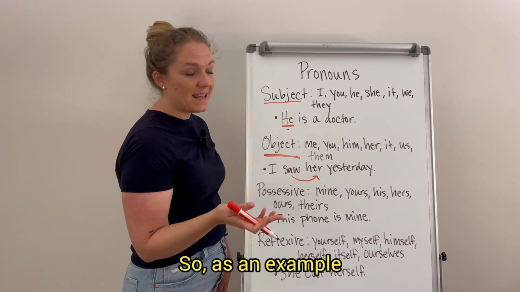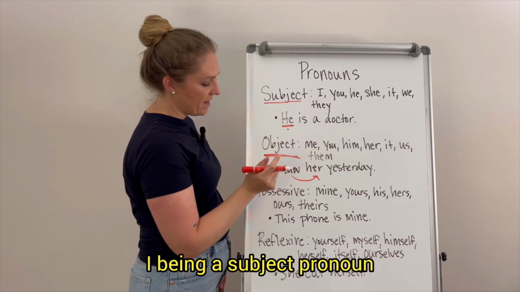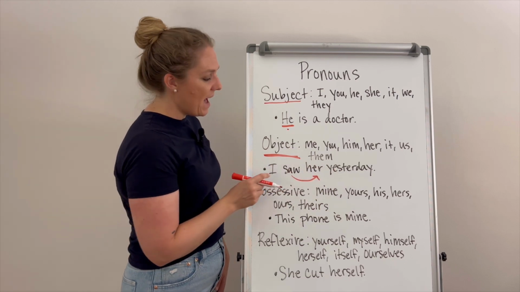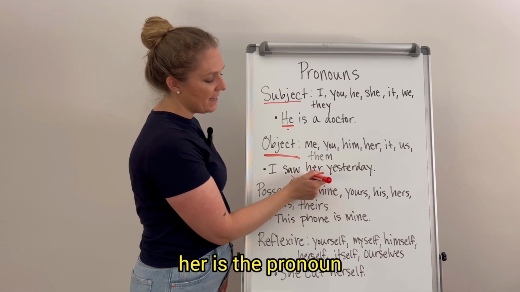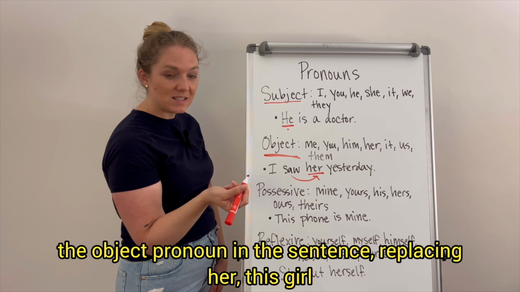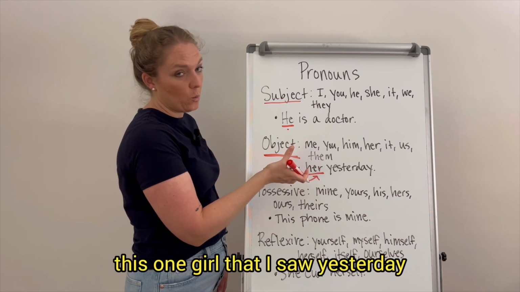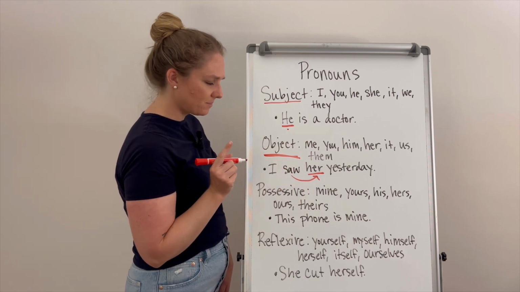So as an example, I being a subject pronoun, I saw her yesterday. Her is the object pronoun in the sentence, replacing this one girl that I saw yesterday.